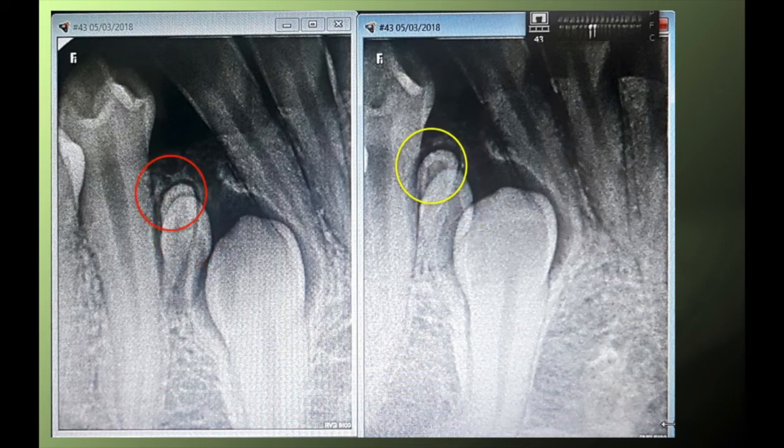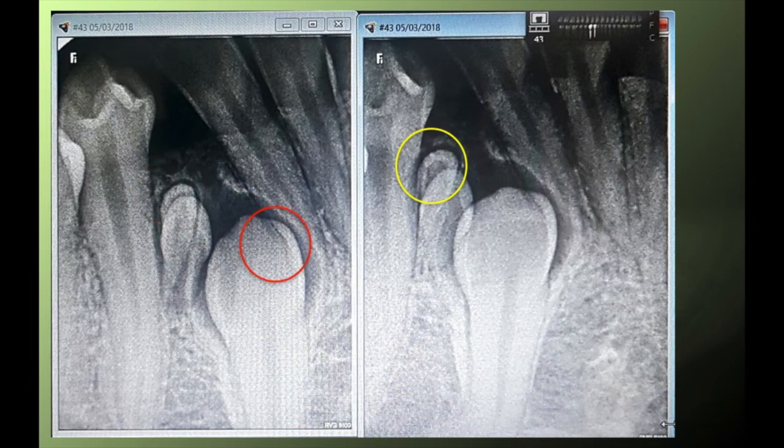Next, look at the other red marked supernumerary tooth. After the shift, the yellow circle, it moved towards the opposite direction, shortening the distance between this supernumerary tooth and the premolar, opposite buccal.